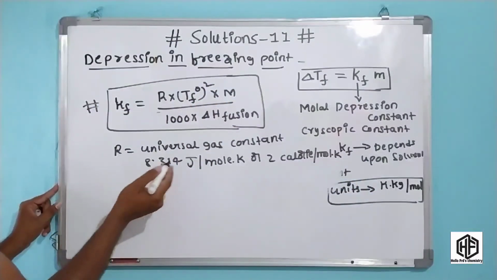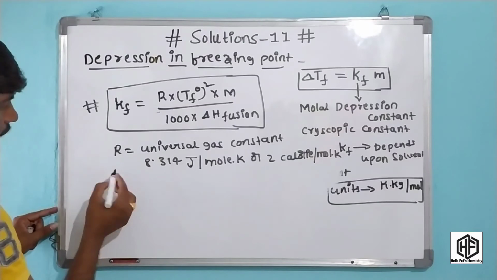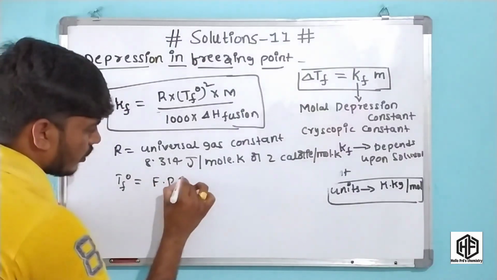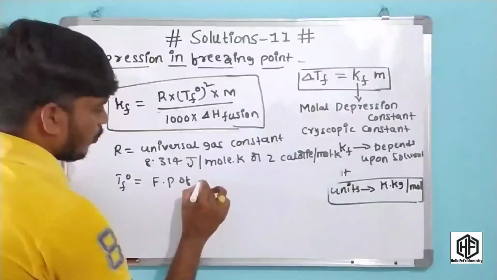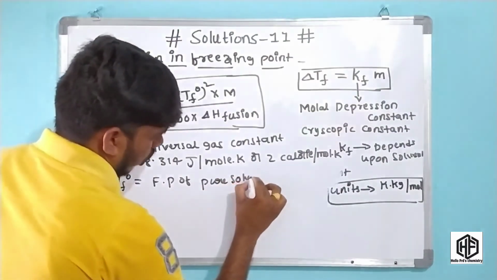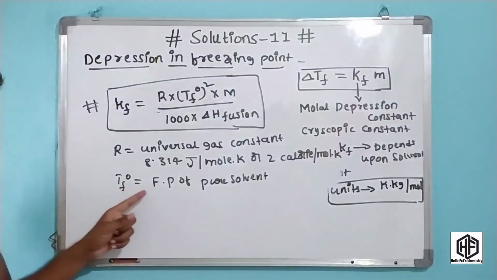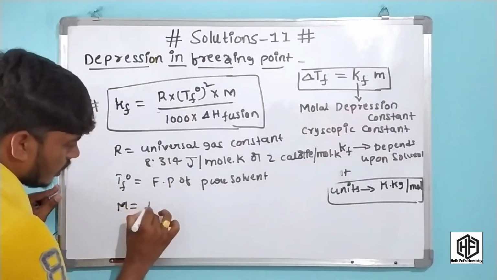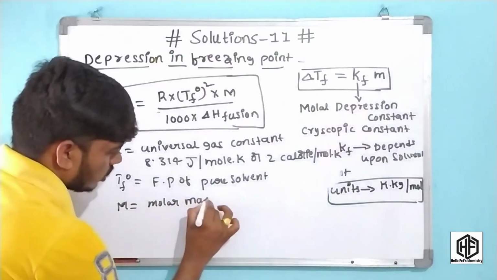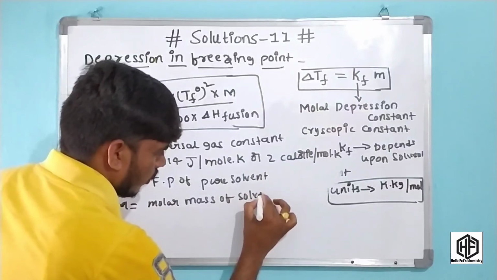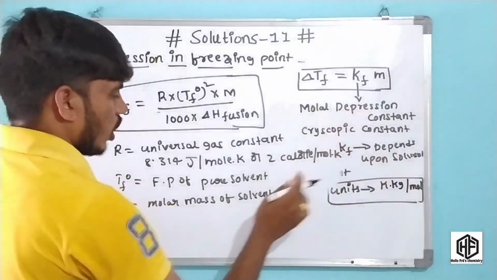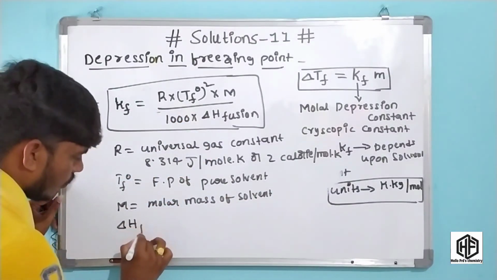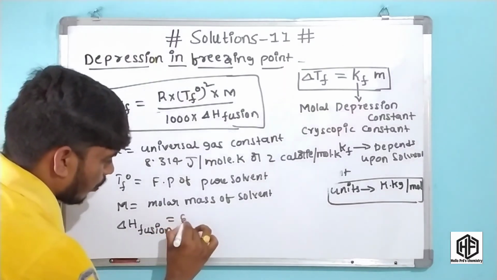Tf0 is the freezing point of pure solvent, and M is the molar mass of solvent. This Kf depends only upon the solvent.